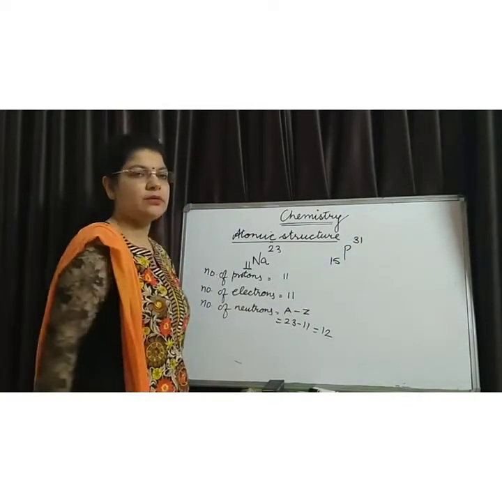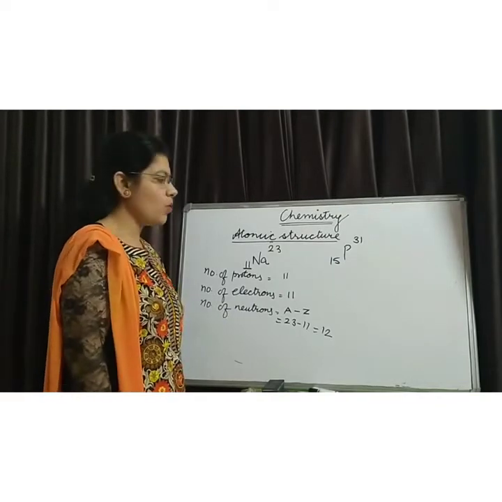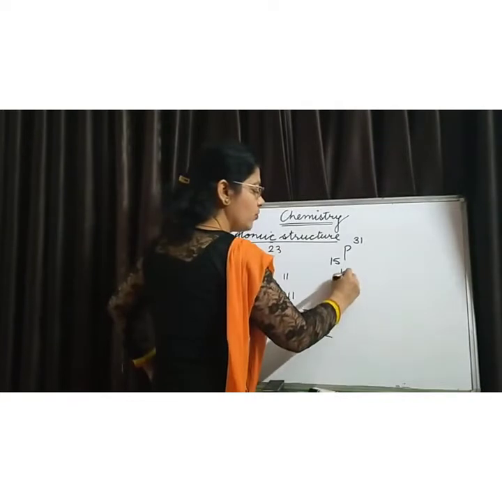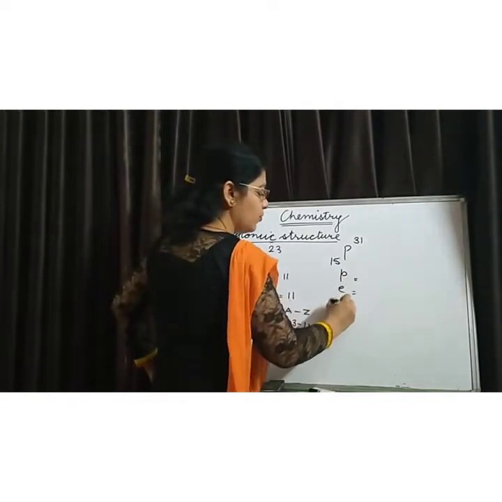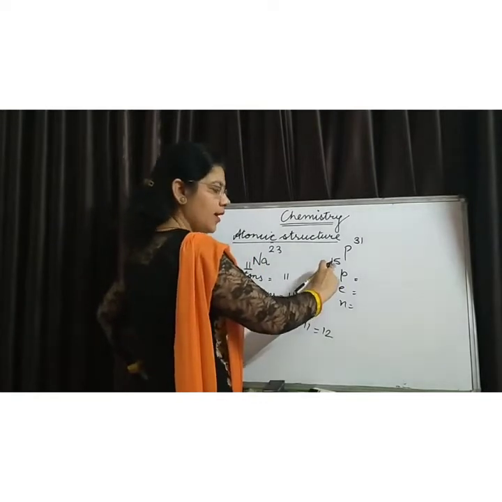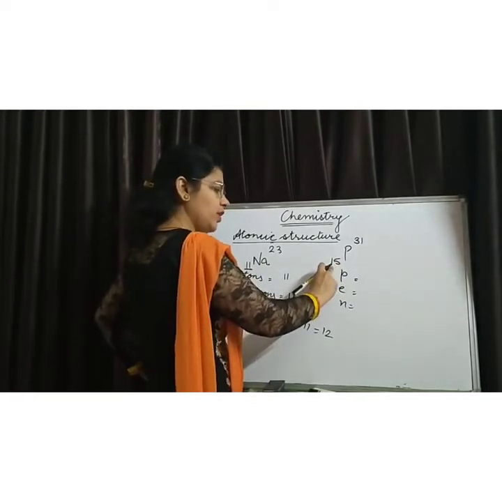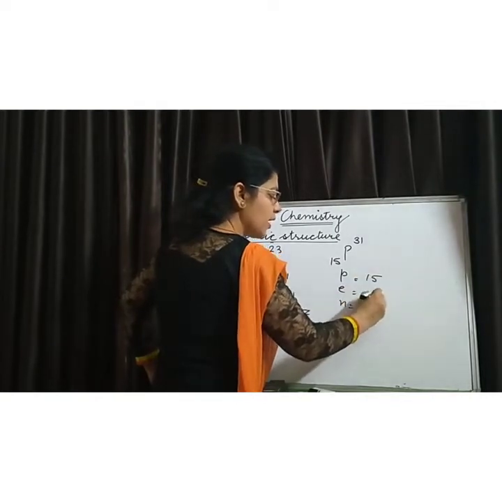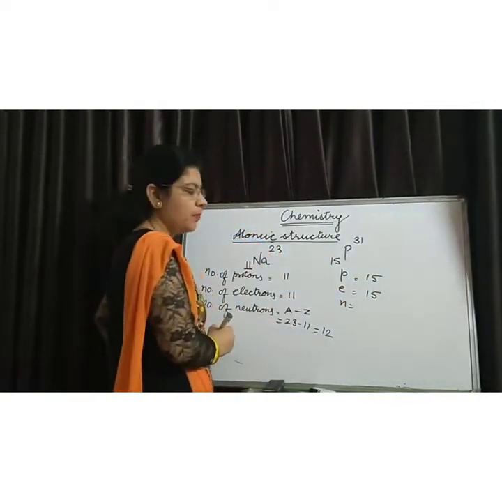For calculating the number of protons, electrons and neutrons: as its atomic number is 15, so in phosphorus 15 protons and 15 electrons are present.